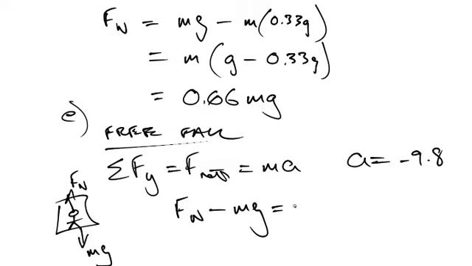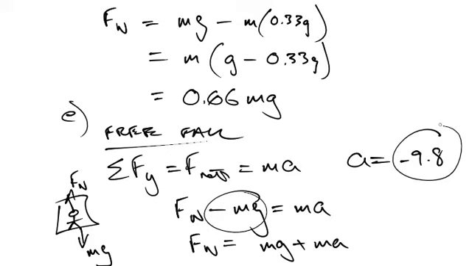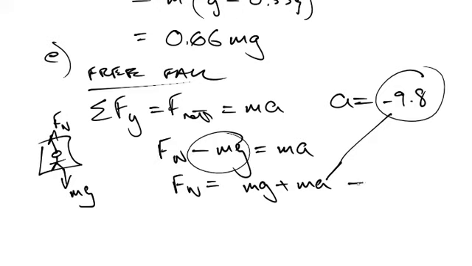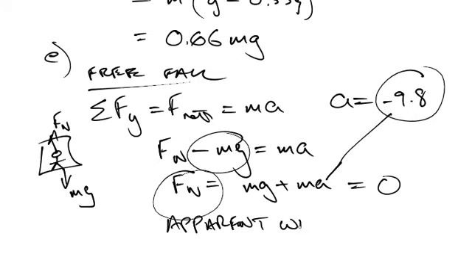If I now follow through for Fn, if I take this guy to the other side, it's simply going to be mg plus ma. But remember, a is negative 9.8, so it's going to give me 0. So there you go. We've just proven mathematically that in free fall, your apparent weight, that's what Fn is, your normal force, is going to be weightless.